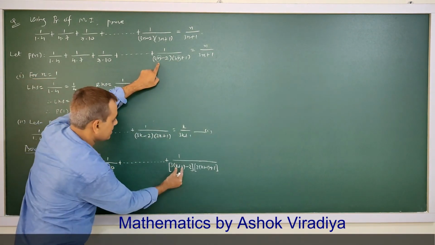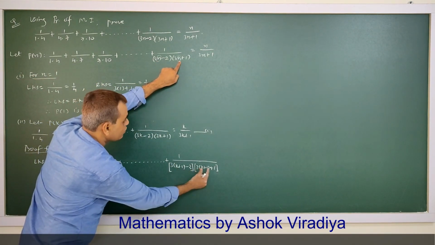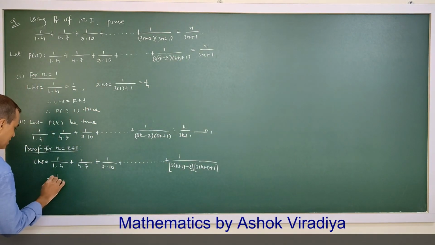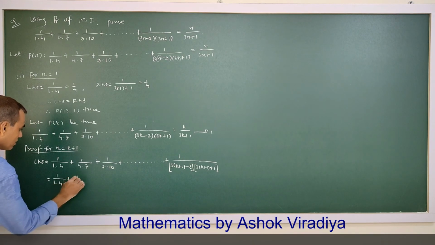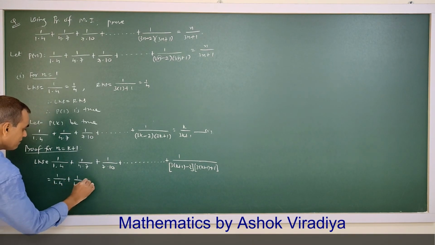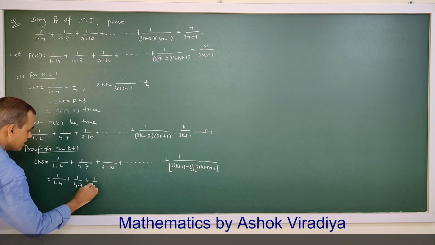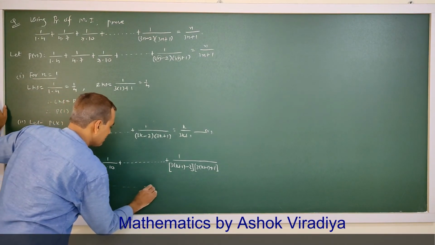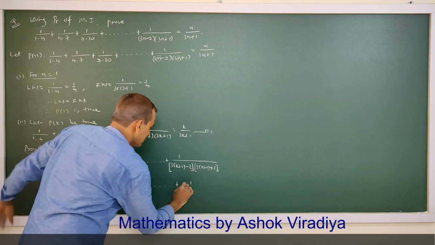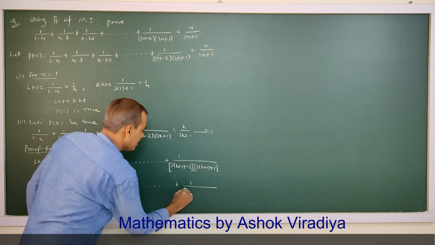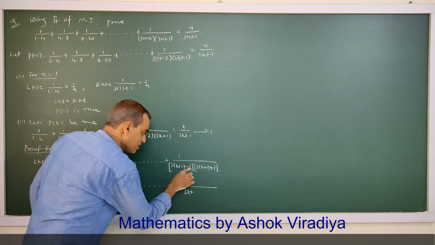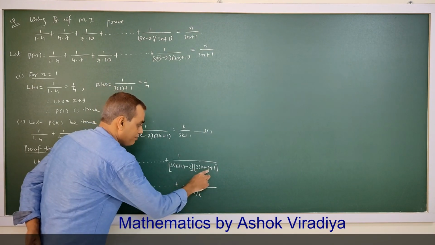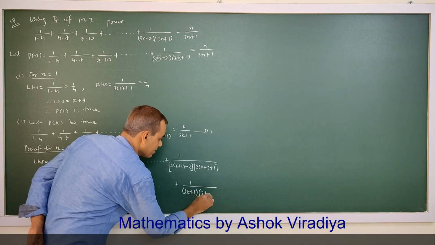See, look here, this is k plus 1. So here, this is 3k plus 3 minus 2, that is plus 1, and 3k plus 3 plus 1, that is 3k plus 4.